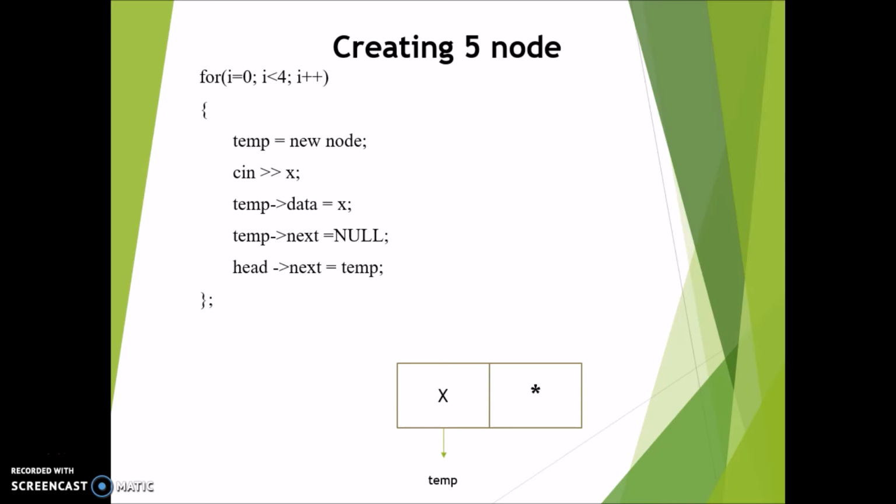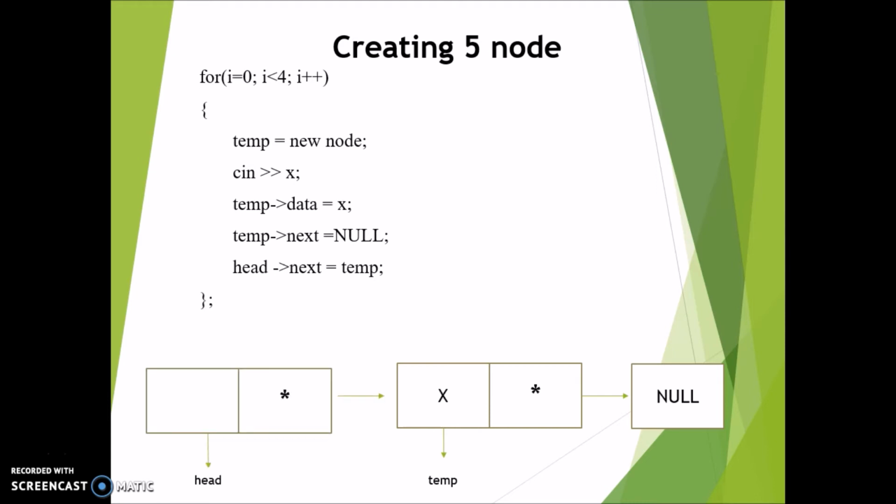And temp points to next equals null. That means the next node of temp is null. And head points to next equals temp. That means that in front of temp is the head. This will keep looping until it creates all the nodes.